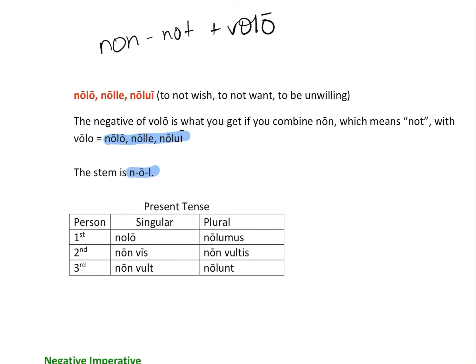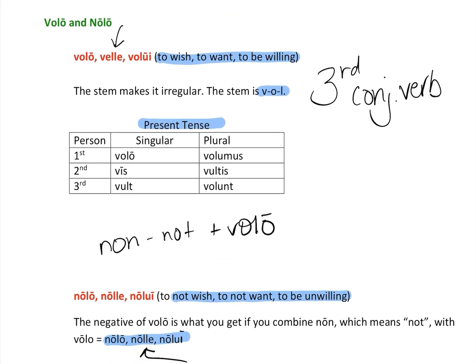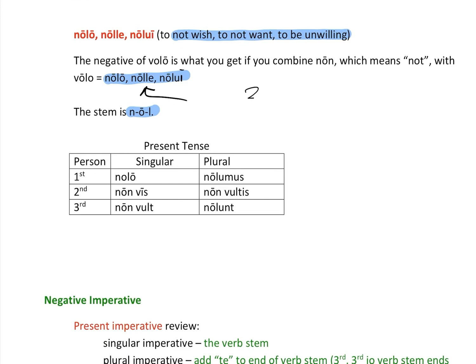So this stem makes a little more sense. And nolo, nolle, nolui means to not wish, to not want, to be unwilling, which is the exact opposite of what we have here at volo. Okay, same rules apply. It is a third conjugation verb, totally normal in everything but the present tense.